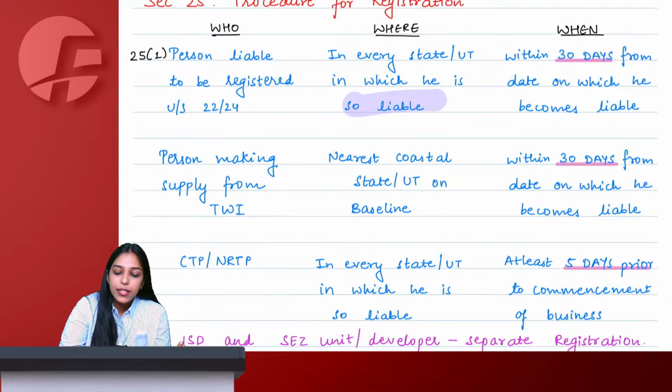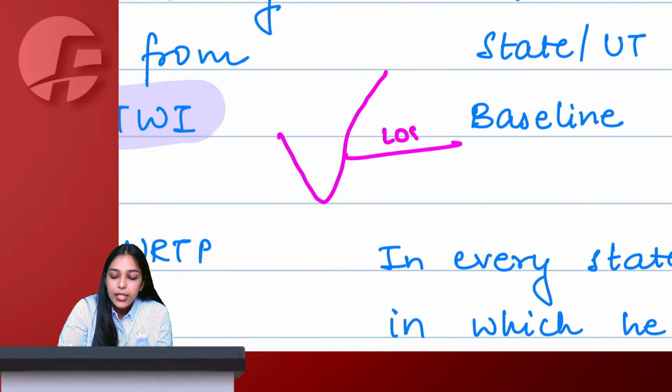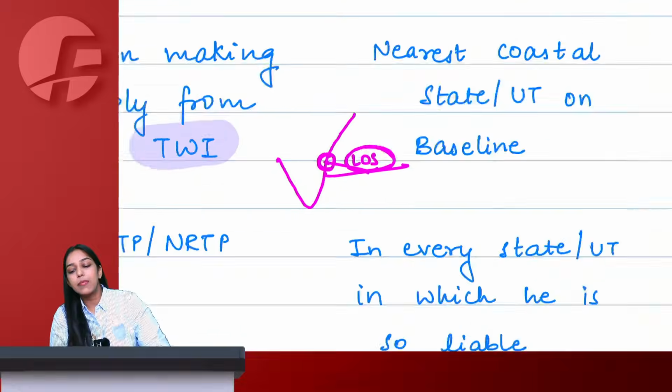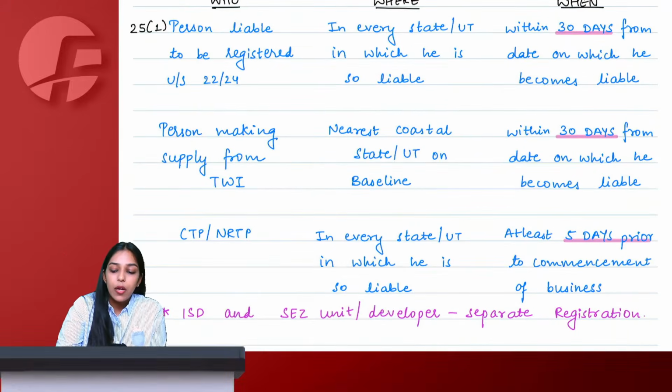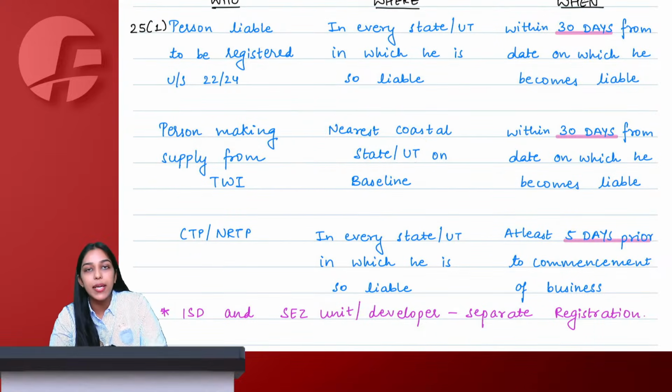For a casual taxable person and a normal person, but for territorial waters of India, we yesterday only saw that if the location of the supplier is in territorial waters of India, we assume it to be situated at the nearest coastal state or UT. So if a person is making supplies from territorial waters of India, then that person will take registration in the nearest coastal state or UT on the baseline.